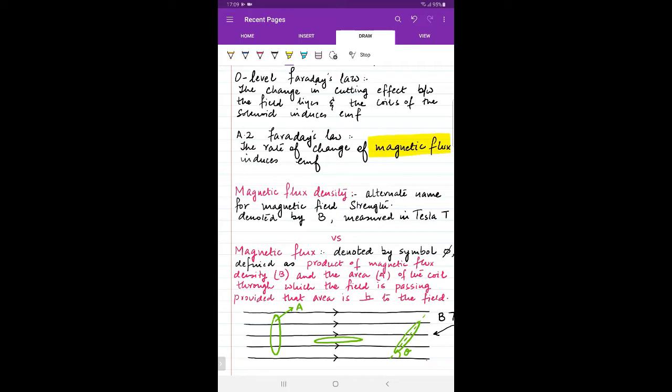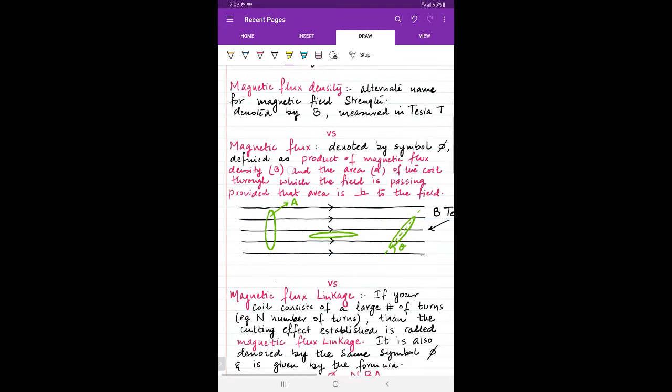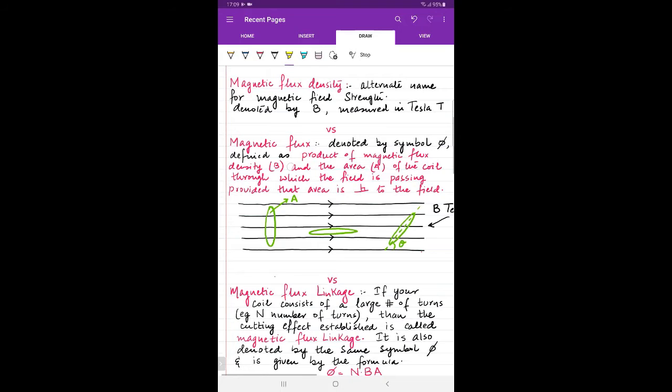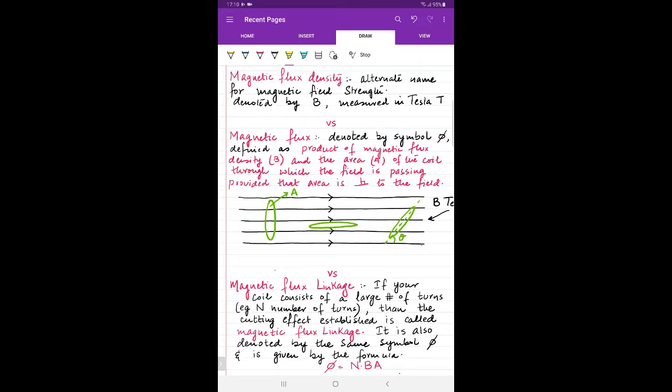So what is magnetic flux? Let's define it first. Here there are three terms, and it is very relevant at your stage that you have a clear distinction between these three terms. Let me identify these three terms on the screen first. The terms are so similar that you end up using them interchangeably, failing to realize that each has a slight difference. The first term is magnetic flux density.